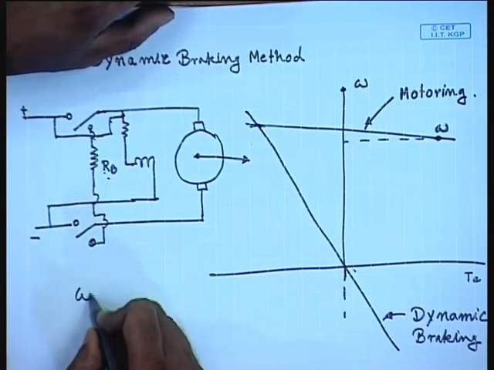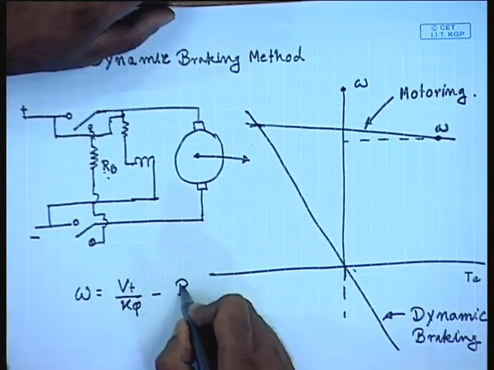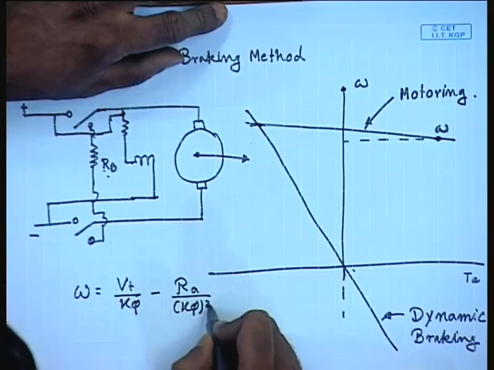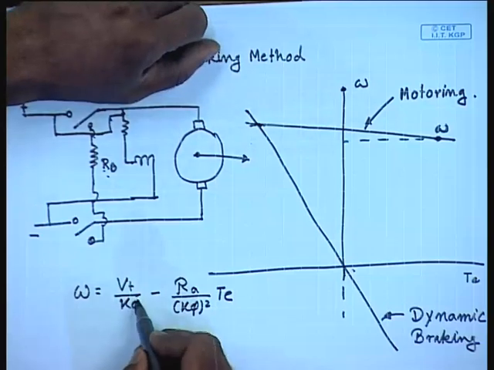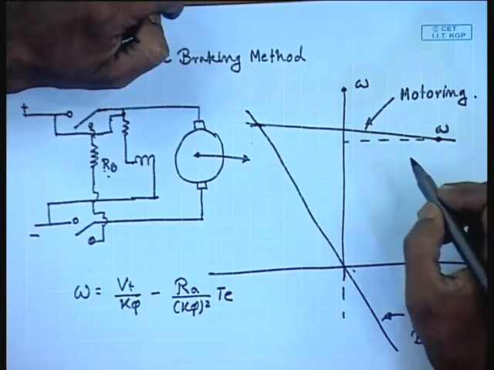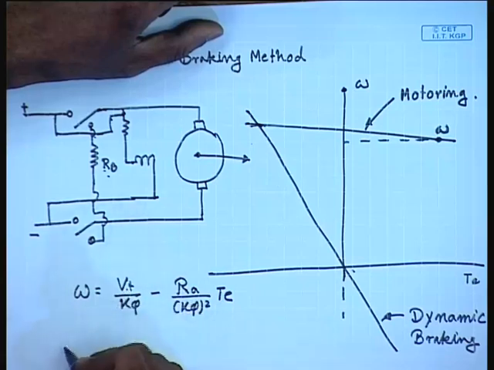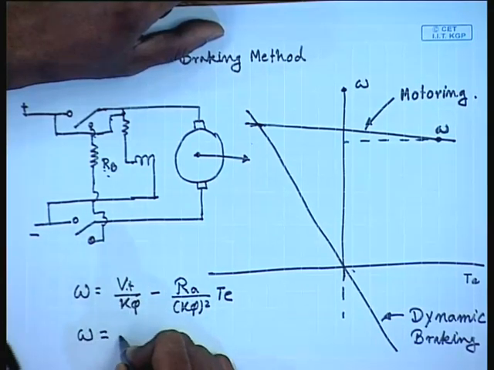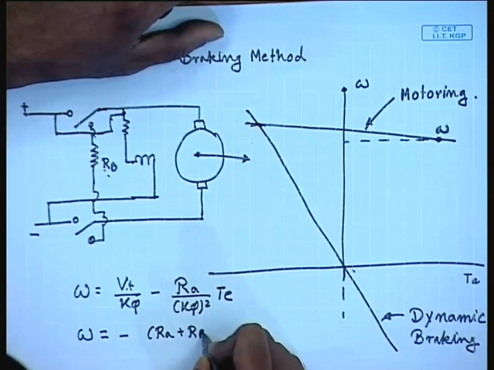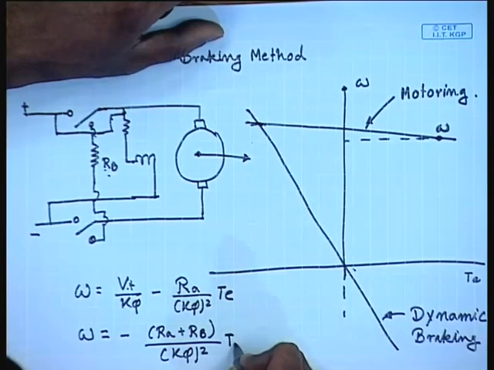The motor torque speed characteristic is omega equal to Vt by k phi minus Ra divided by k phi square Te. In the motoring mode Vt was equal to Vt rated and Ra was equal to the armature resistance of the machine, and this was the characteristic. During braking, Vt is made 0, then the characteristic becomes minus Ra plus the additional resistance Rb, divided by k phi square, times Te.